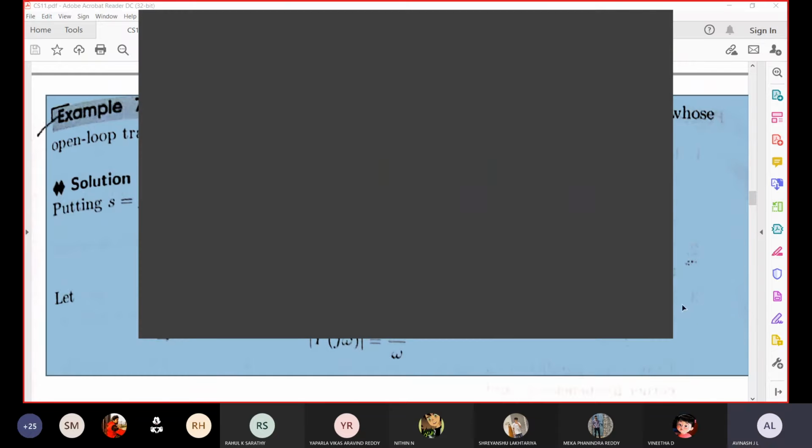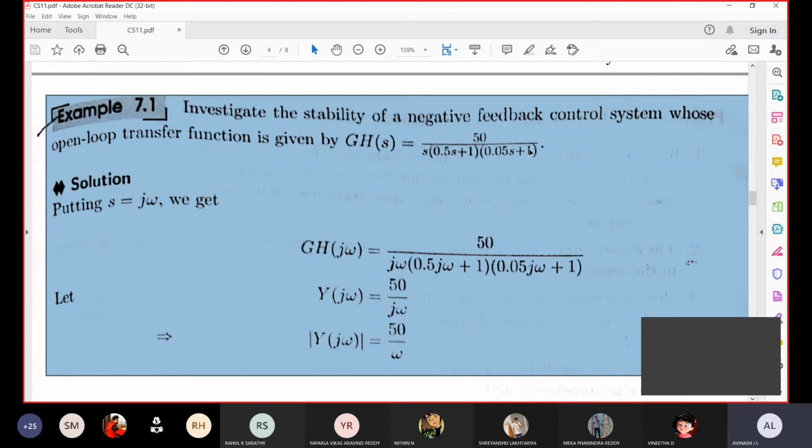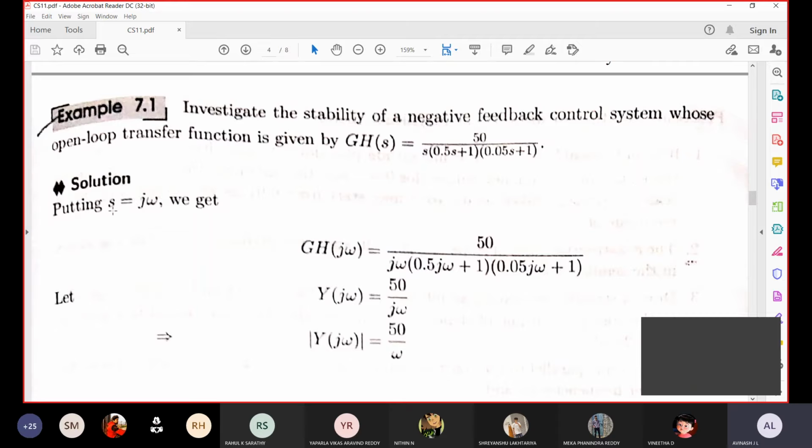In this particular numerical also, we will have to understand one thing. 50 divided by s into (0.5s plus 1) and into (0.05s plus 1) is there. So in this scenario, what is the first step?